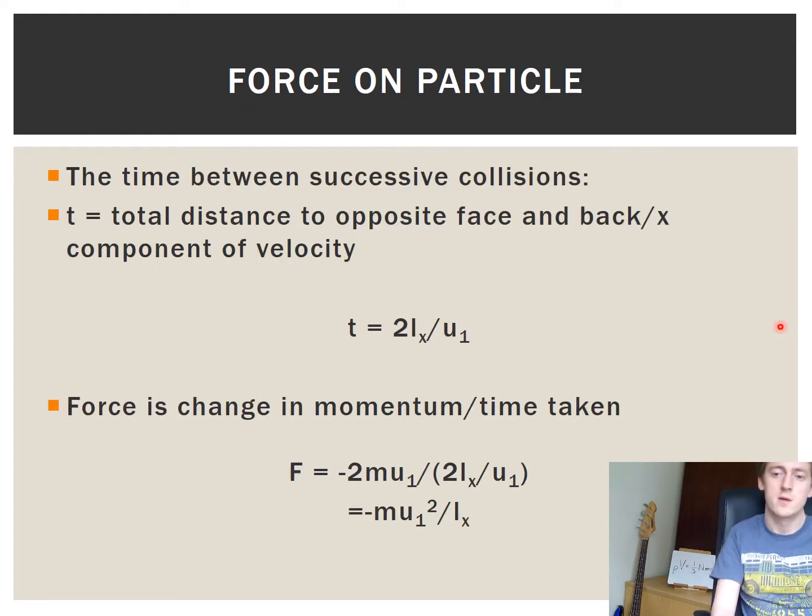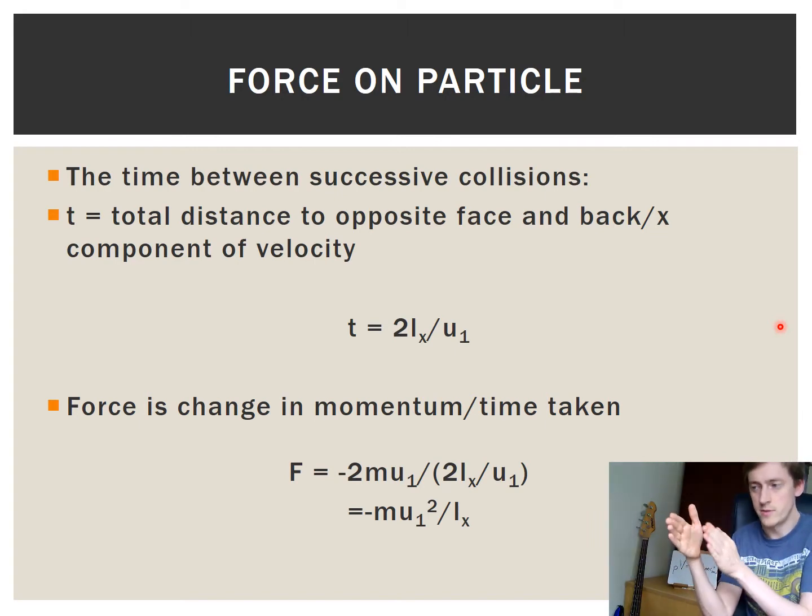So we're thinking about the force on the particle. We already know the momentum change of the particle is minus 2 mu1. If we take the momentum change and divide it by the time taken, that will be force, because force is the rate of change of momentum. Time taken comes from the speed equals distance over time equation. If the particle collides here, it's going to go all the way there and all the way back.